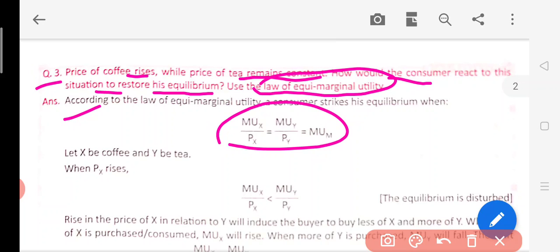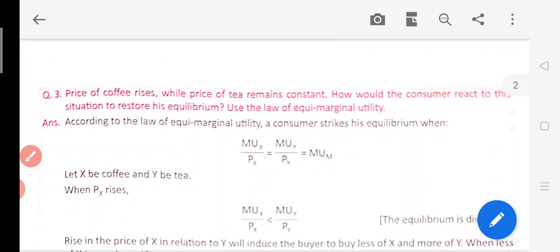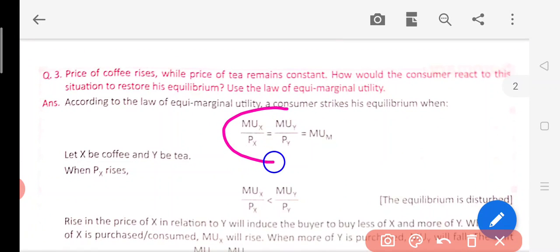Now here, suppose this marginal utility of money is 1. So what will be our equation then? MUX upon PX is equal to MUY upon PY, if this thing is 1. So this is becoming negligible, so you can ignore this.